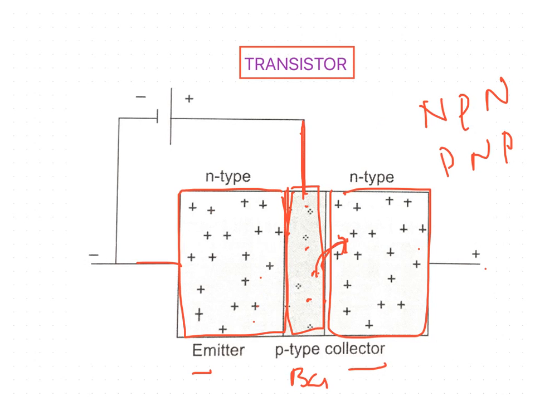What I have explained is happening to replace those that had migrated into the base. This reduces the barrier effect across the base-collector junction and current flows across the transistor.